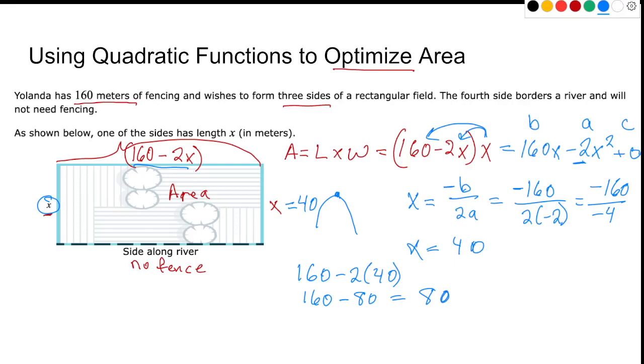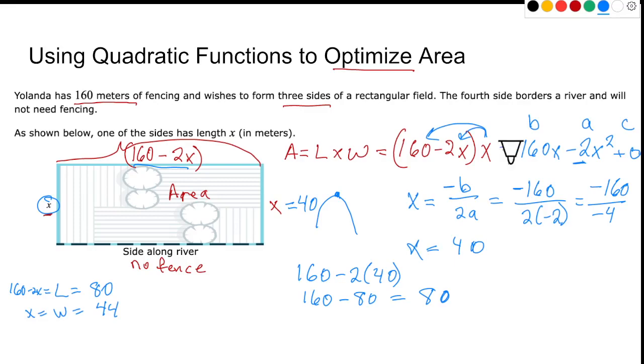So what do we want? We want the length to be 80, which is 160 minus 2x. We want the width, which is the x value, to be 40, and that will give us an area of what?